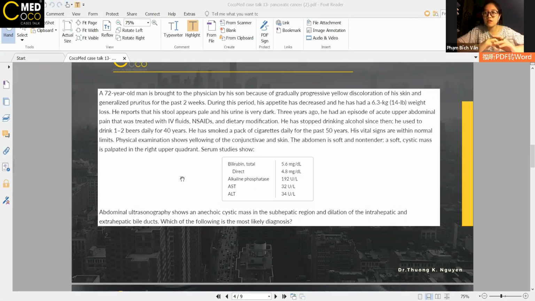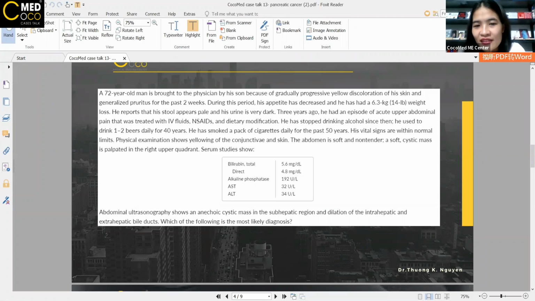I think that an important symptom is a mass at the right upper quadrant, like the patient before, and this patient also has a mass, and abdominal ultrasonography shows an anechoic hepatic cystic mass, right? Right. The dilation in both intrahepatic and extrahepatic.